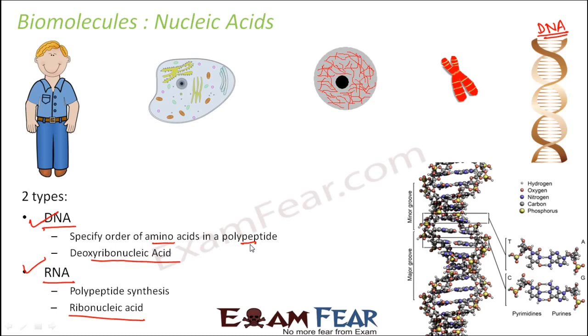And RNA is used in the synthesis of polypeptides, that is, in the synthesis of proteins, because only if you synthesize proteins will you have the sequence of amino acids. Only when you have the sequence of amino acids can you put them in the right order to have the correct character. That is where the nucleic acids play a role. So they are closely related to the proteins or the amino acids.